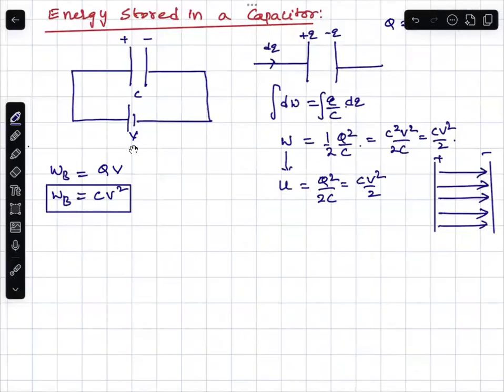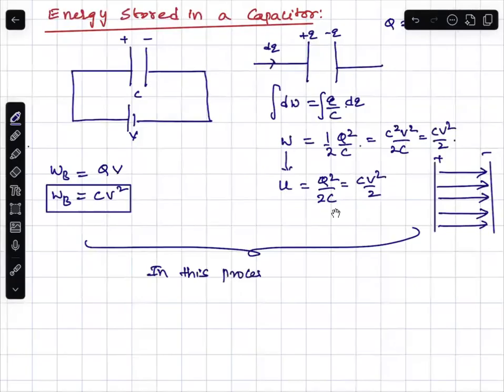Whereas the energy stored in the capacitor is half of this, which means in this process, half CV square energy is lost.